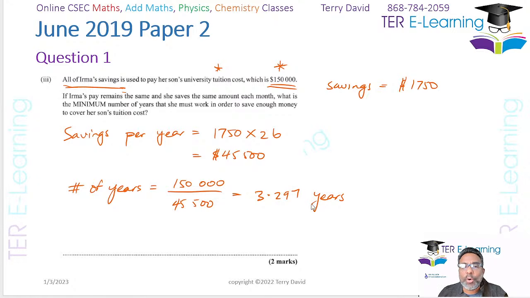Now this is the length of time she's actually going to take to save this money. But the problem is the question says the minimum number of years, right? So we're not going to write this as our answer. What you're going to write as your answer is one above that. She's going to take 4 years to do this, so your answer here should really be 4 years. You're not going to put 3.297, right?